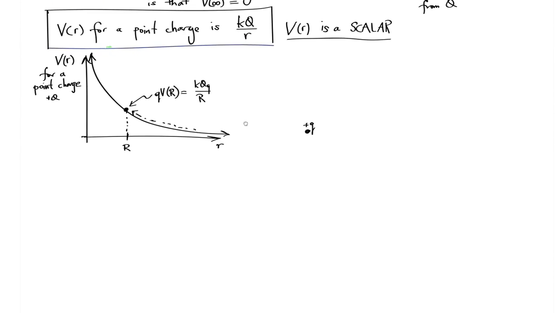So if we had a negative charge, and I won't go through the whole derivation in gory detail, but let's say we have a negative charge here, right? So now the electric field is pointing in.